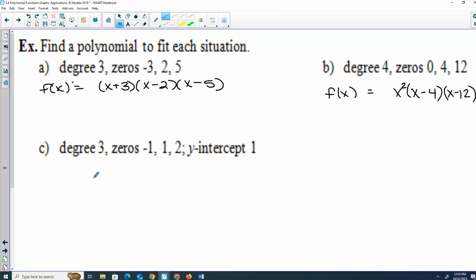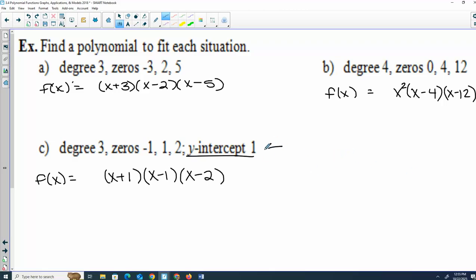Alright, C. If negative 1 is my 0, we would have, if 1 is my 0, that's minus 1. And if 2 is my 0, it's minus 2. That's my degree 3. The last thing, a y-intercept of 1.